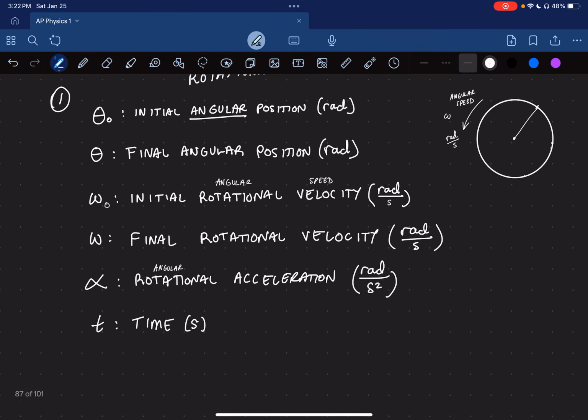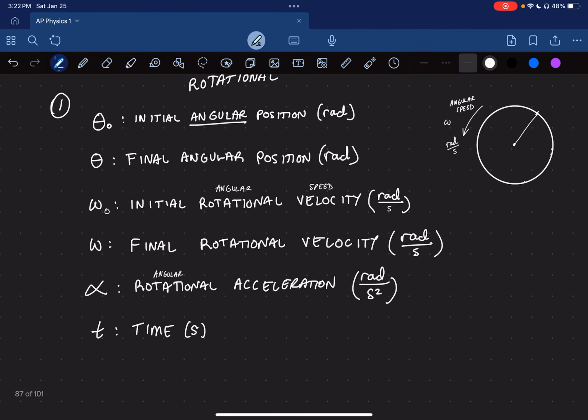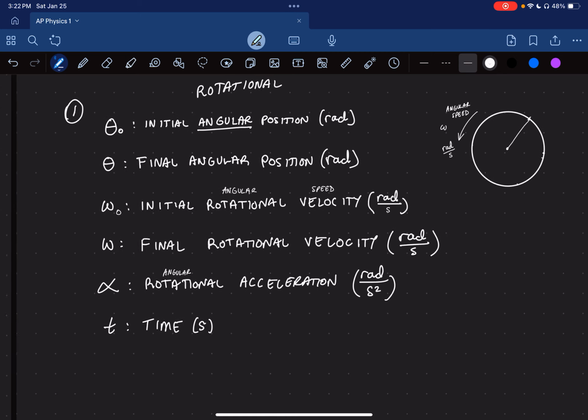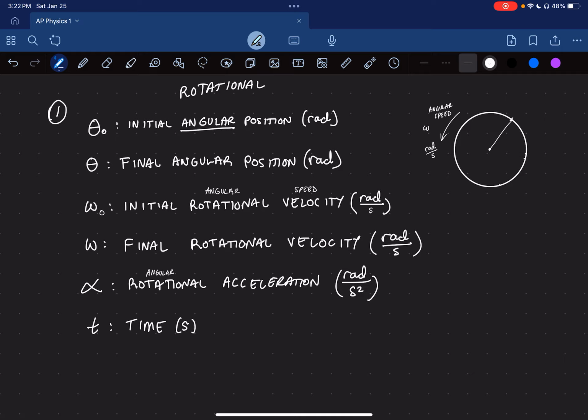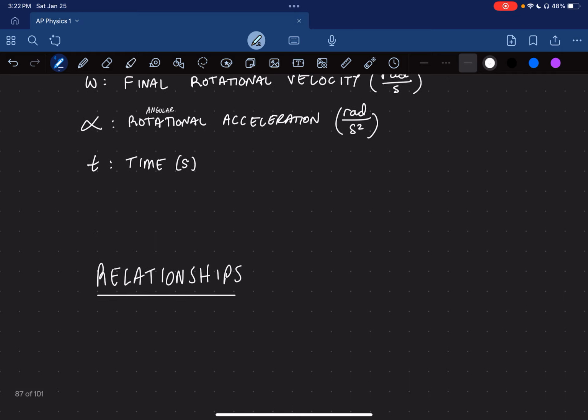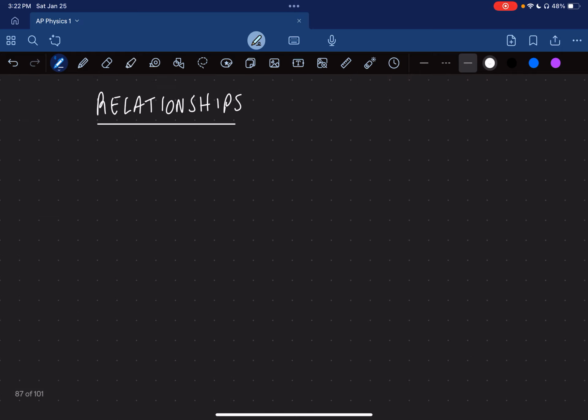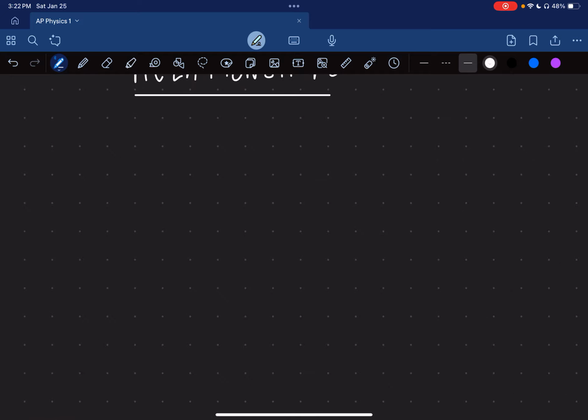Now, these look really familiar. They should, at least the way we've written them here. It's because this is kinematics and we've done this before. So here are the relationships, and you will certainly recognize the pattern. Omega equals omega naught plus angular acceleration times time.